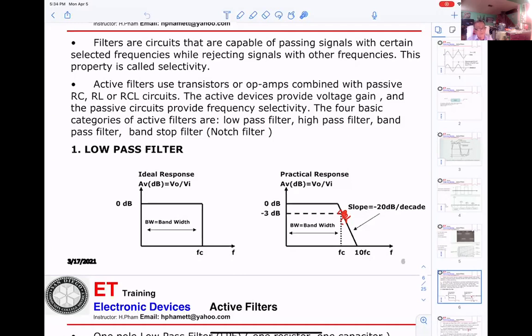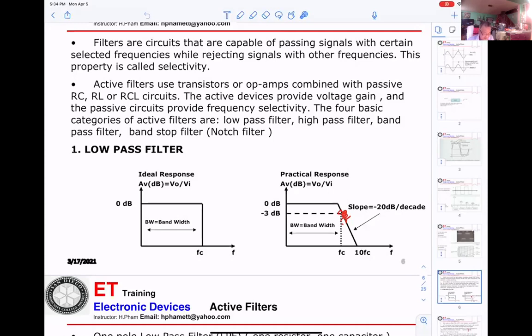However, for RC, RL, RLC circuitry, that's what we call a passive component we'll be using for the frequency. The active device provides voltage gain, and the passive circuit provides the frequency selectivity.